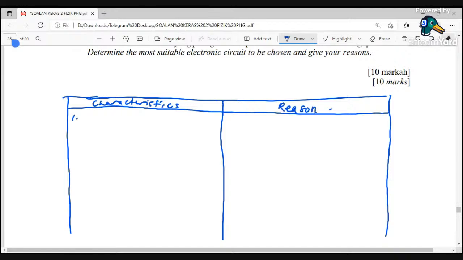First, LDR is connected at the base circuit. Okay, apa reason?